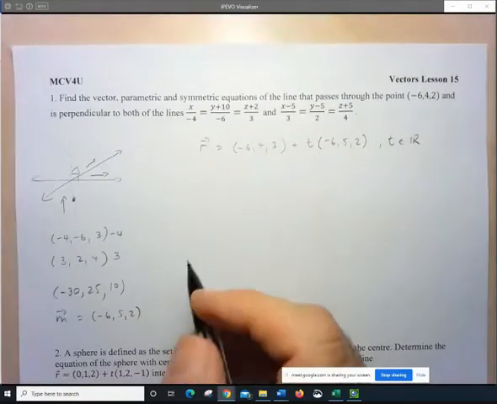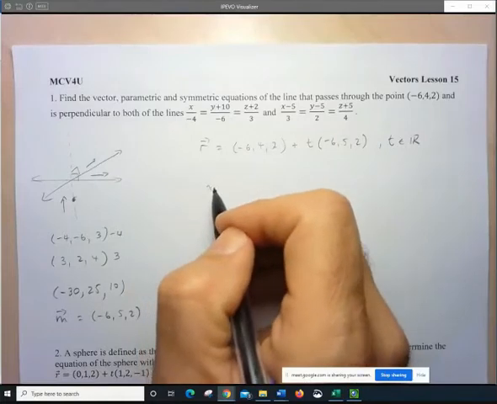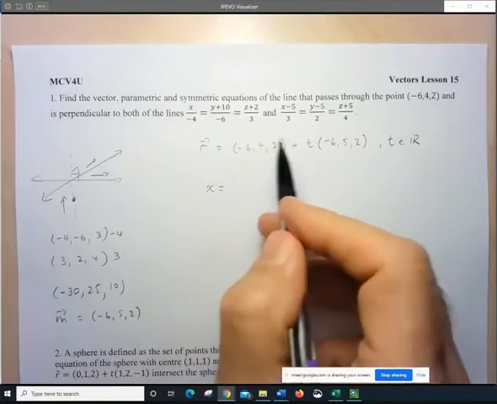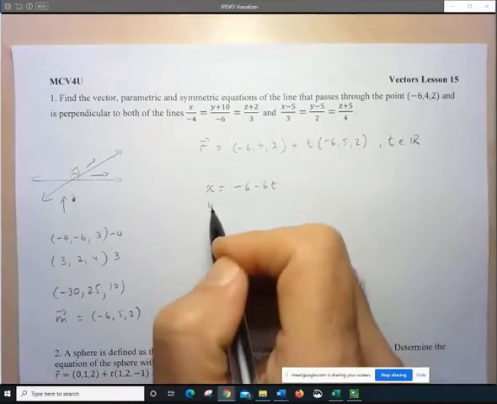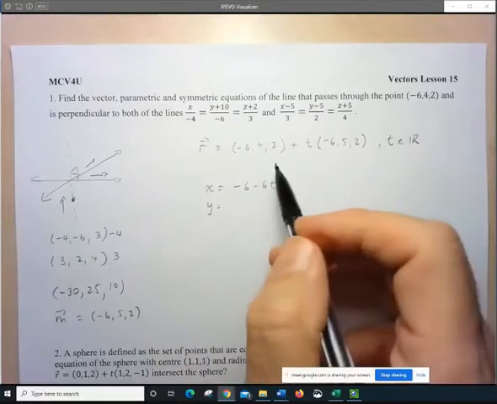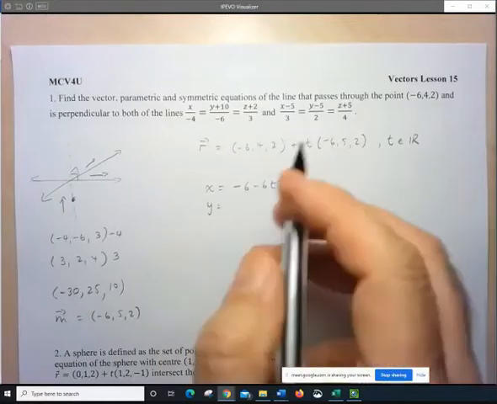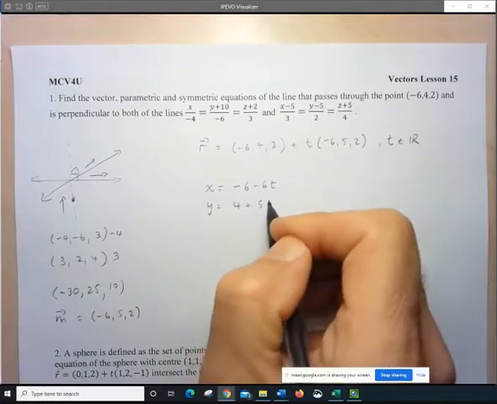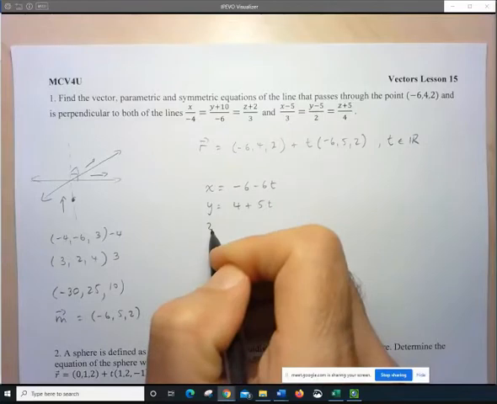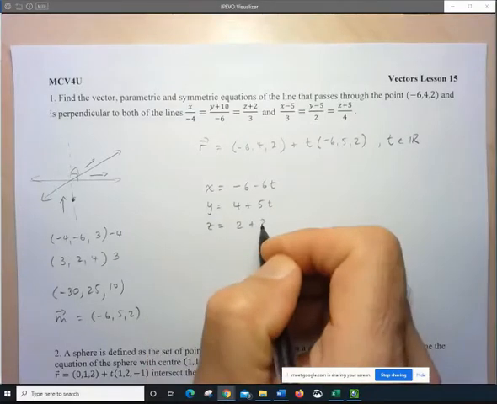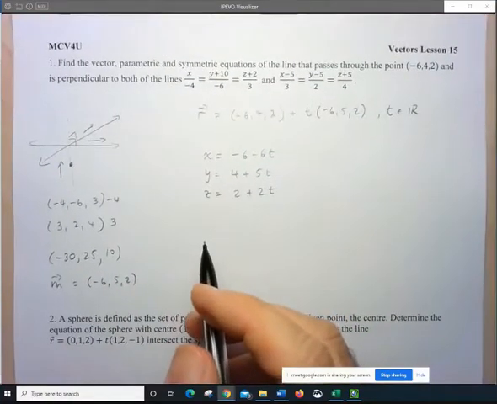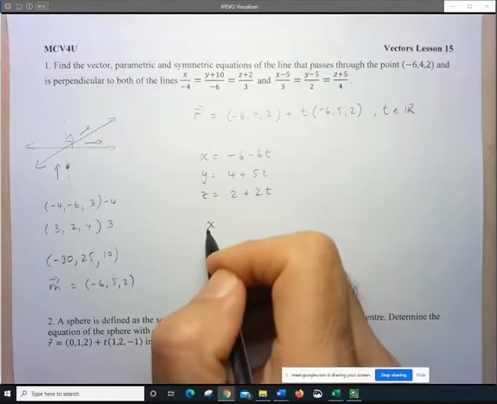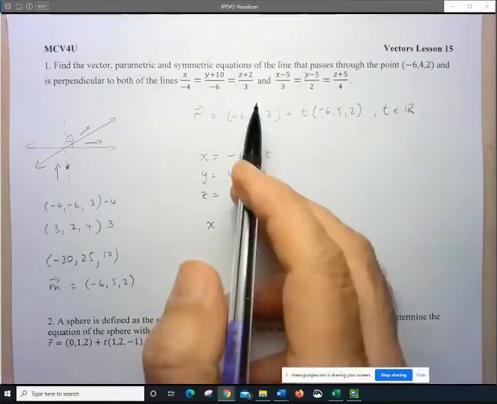Okay, and then similarly for parametric form, x is just going to be equal to -6 minus 6t. y is going to be equal to 4 plus 5t. And then z is going to be equal to 2 plus 2t. And lastly, if I want to put it in symmetric form, it's going to be x minus the x value of my point.